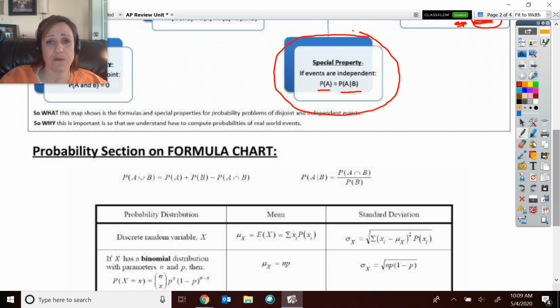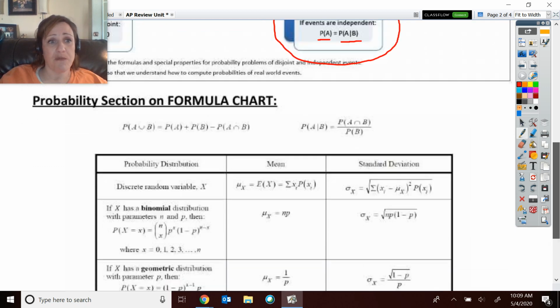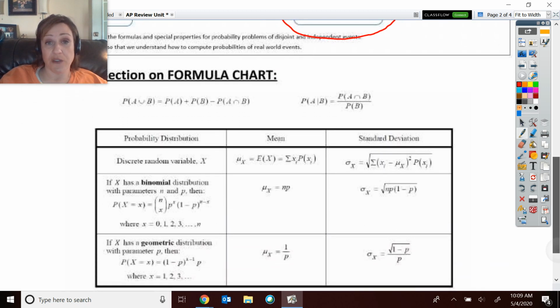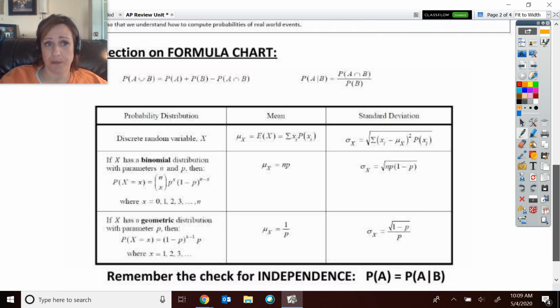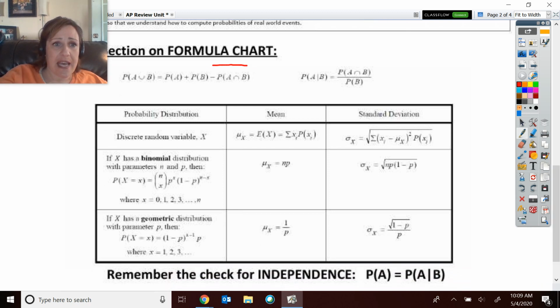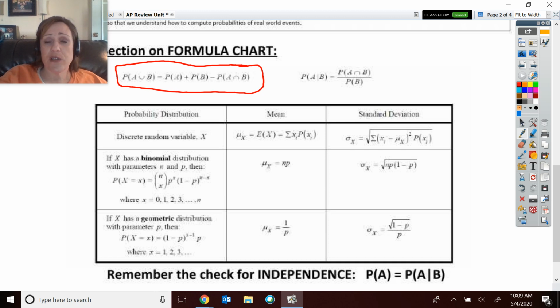All right, now let's take a look at the probability section of the formula chart that you have been given. So here is that general addition formula right here. Here is also how you compute the probability of A given B. Remember, out of all of the A section, you put the overlap, the intersection of A and B on top.